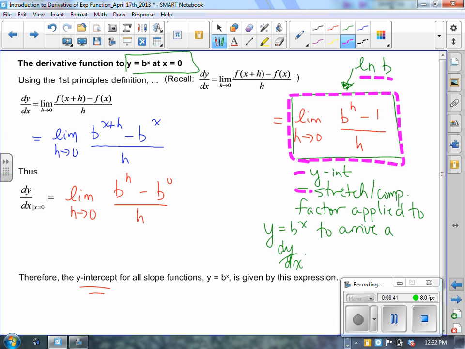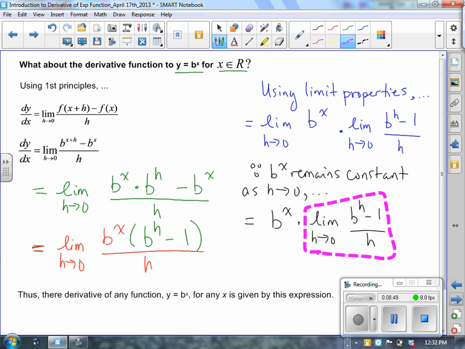So we take that particular value and multiply it by b to the x, and that will give us the derivative of exponential functions in the form y equals b to the x. So b to the x times the natural log of b.